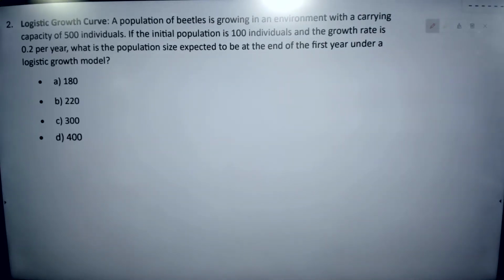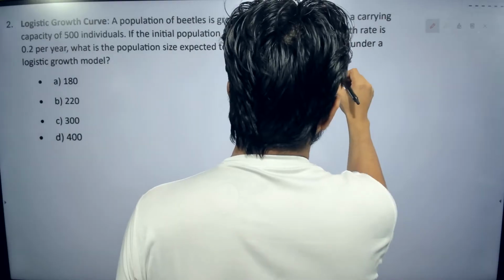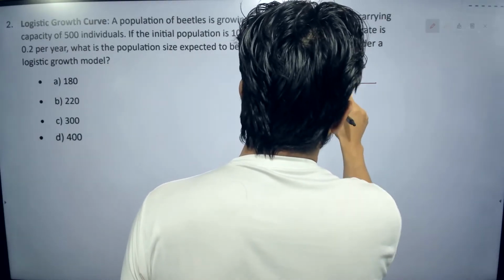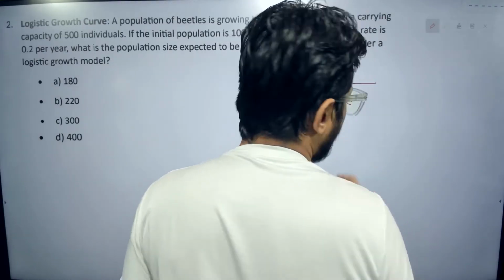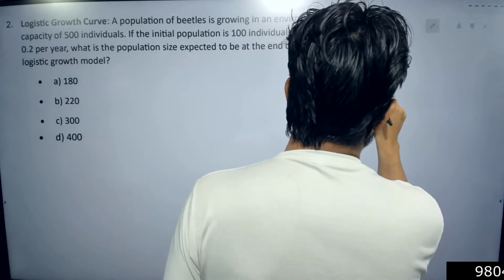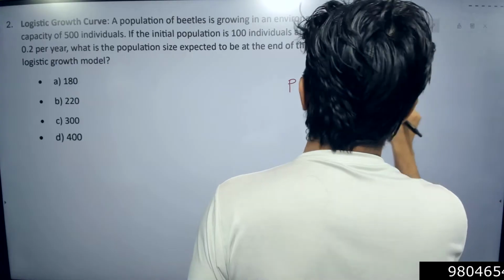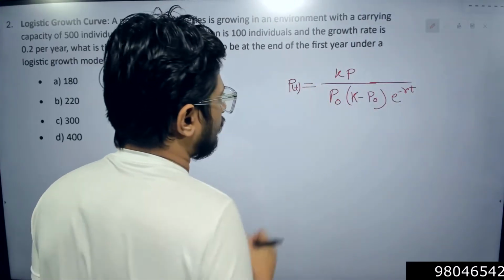The growth of the population P equals K times P0, divided by P0 plus K minus P0 into e to the power minus RT. So that is the population growth formula.